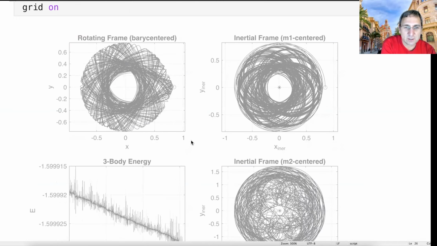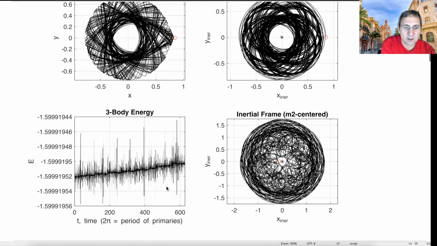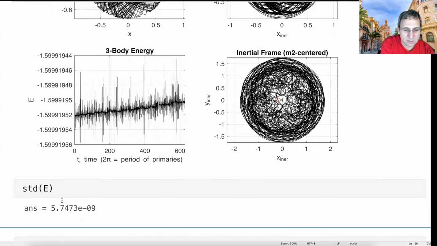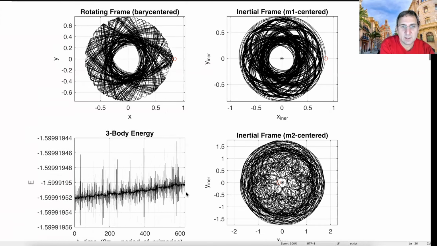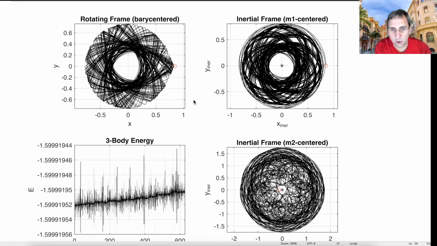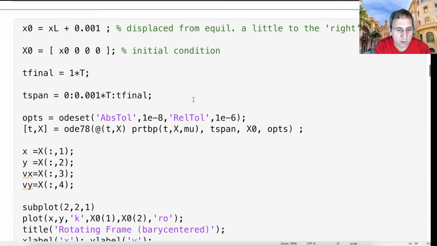I think the appearance of the orbit won't really change much, but the energy, okay, the energy is now going up, but the standard deviation is a lot less. So, yeah, you can see it's looking like a big mess because it's chaotic.